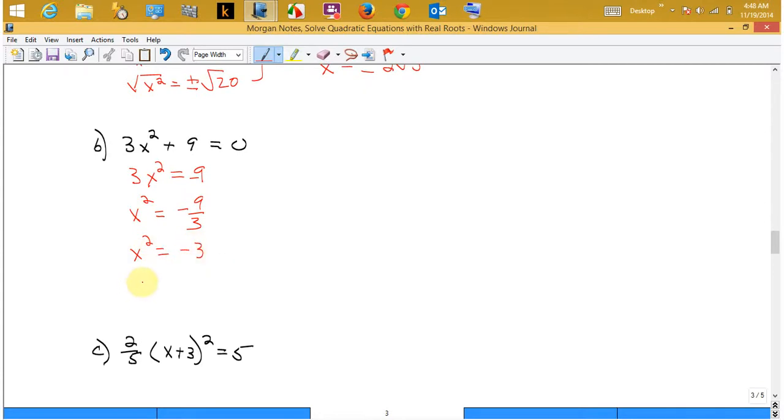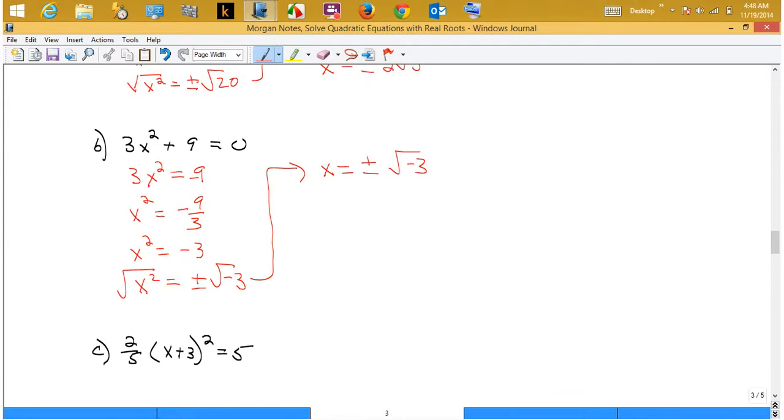Taking the square root of both sides, I get x is equal to plus or minus the square root of negative 3.